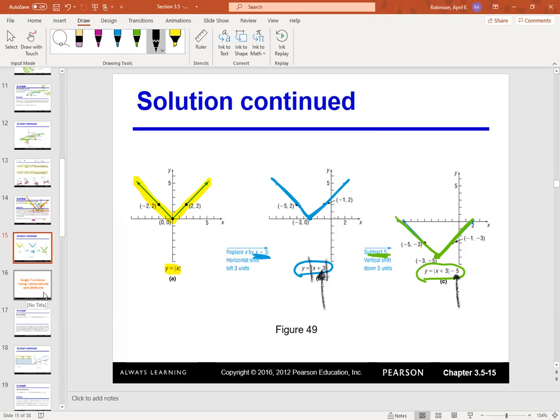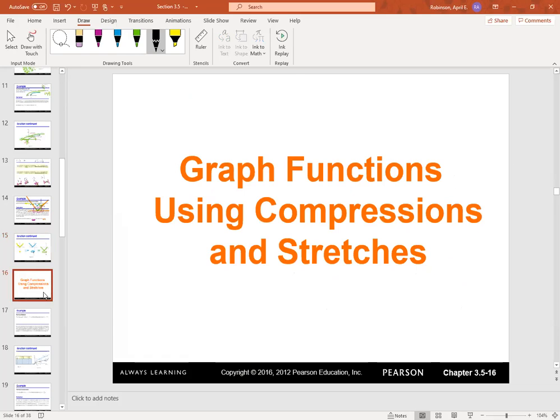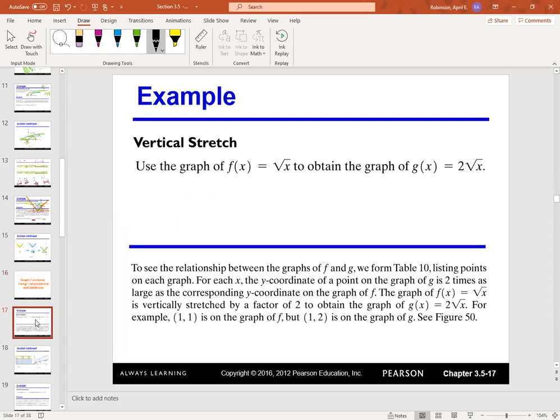All right, and then what's next? Compressions and stretches. This is when you're now going to throw a coefficient onto the x. So for example, we're starting with our original function of f of x equals the square root of x.